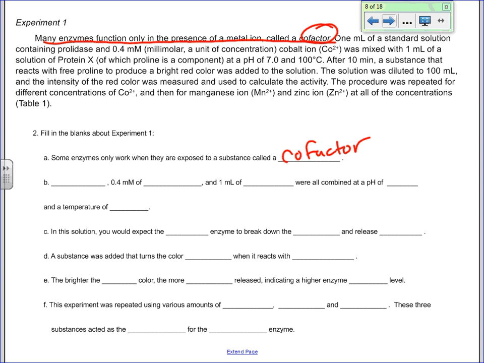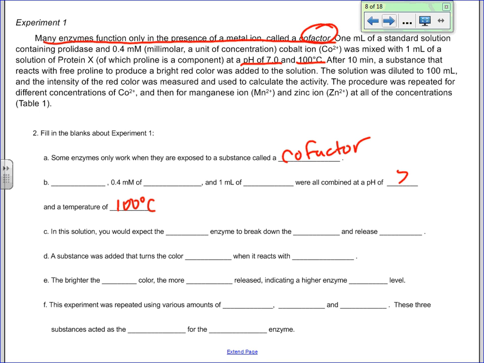There's a lot to fill in here about this experiment. Let's start with any of the blanks that we can find. The most obvious ones are probably temperature and pH. All combined at a pH of what? 7, so a pH of 7. What was the temperature that we're using here? 100 degrees Celsius.